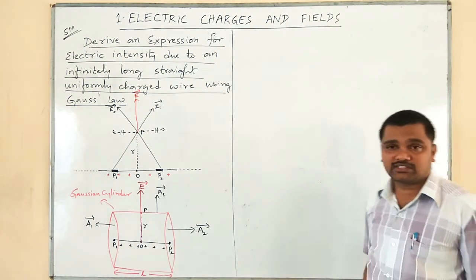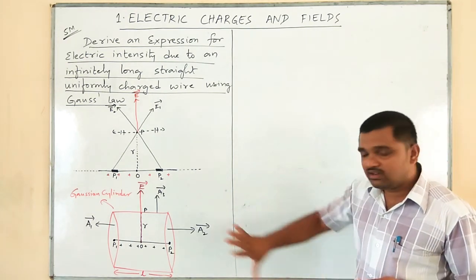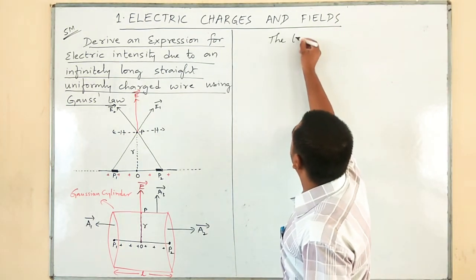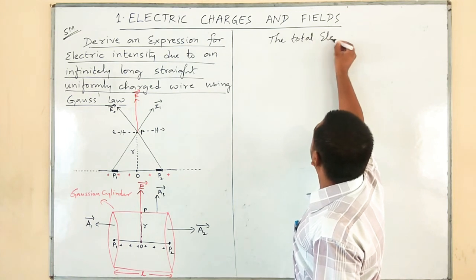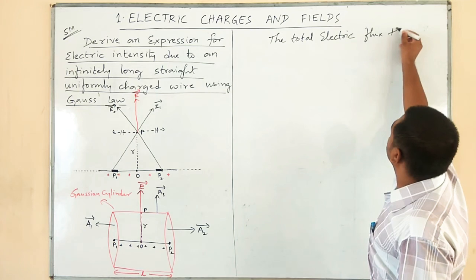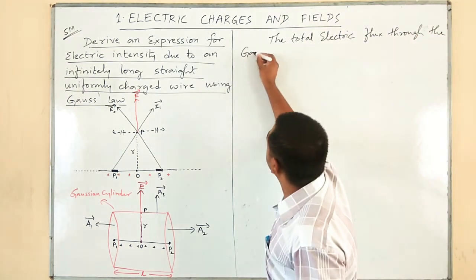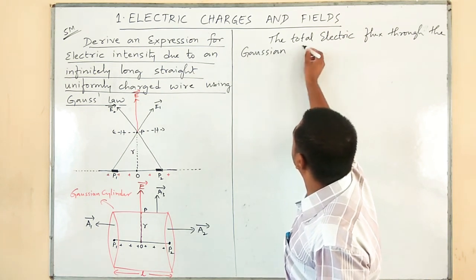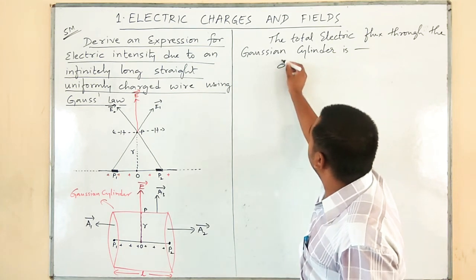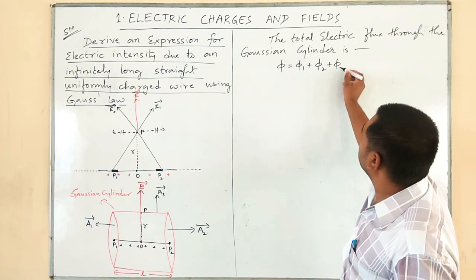Next, we have to follow the second rule. What does it say? Calculate the total flux through the entire Gaussian surface. The total electric flux through the Gaussian cylinder is given by phi is equal to phi1 plus phi2 plus phi3.